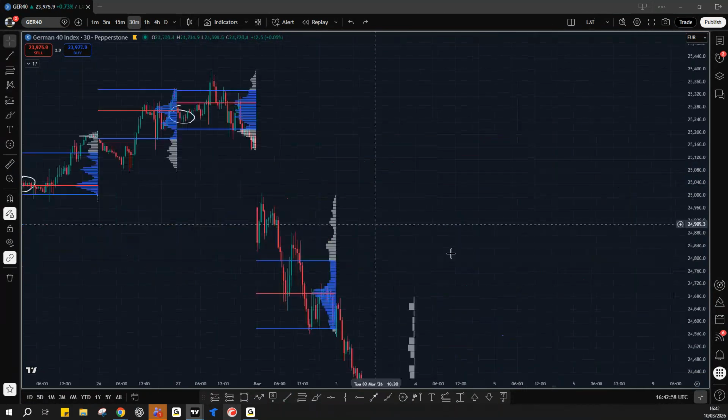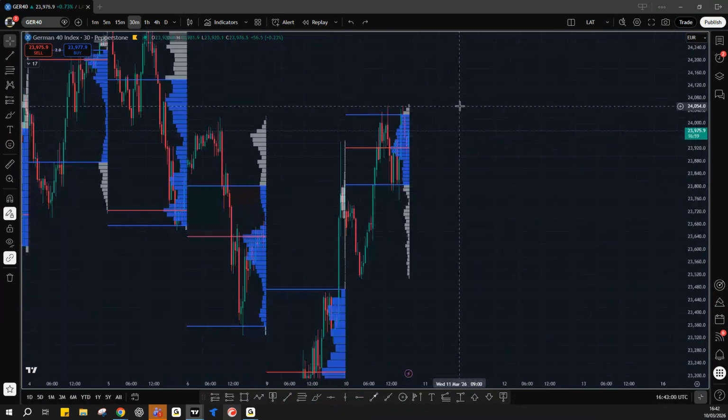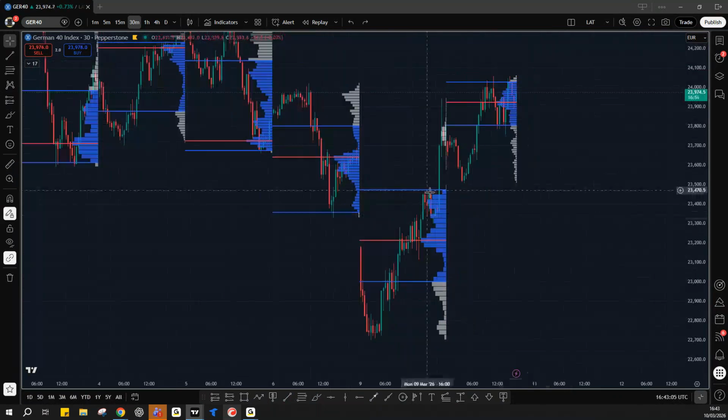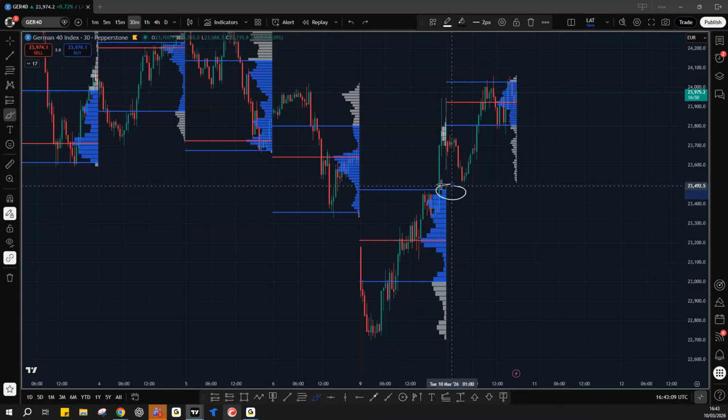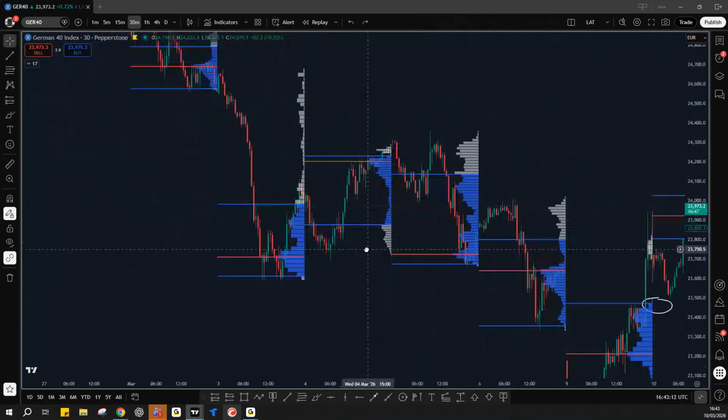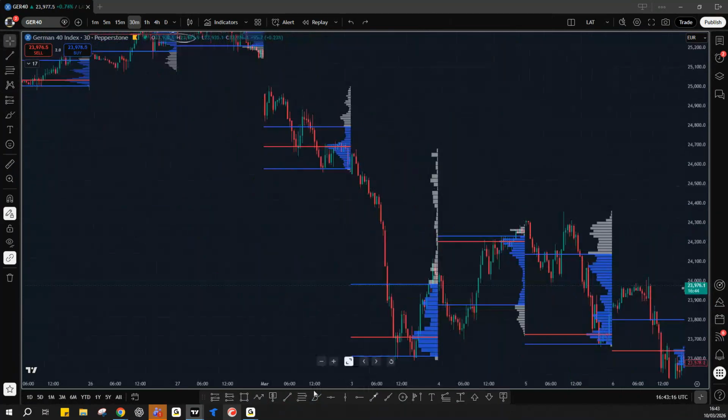However, it's not always the case. Like today, what we can sometimes find is the following day actually opens above the previous day's value area high, or below, just down here, or below the previous day's value area low.